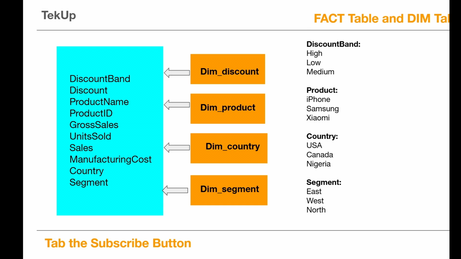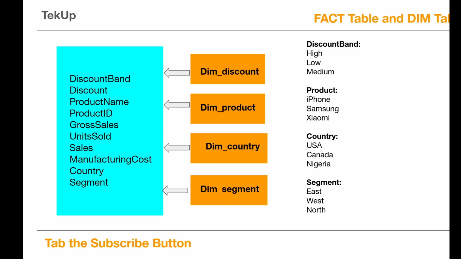So one thing you need to understand is that the fact table stores measurable and quantitative data. In other words, the fact table stores facts, while the dimension table stores descriptive information about the fact table.